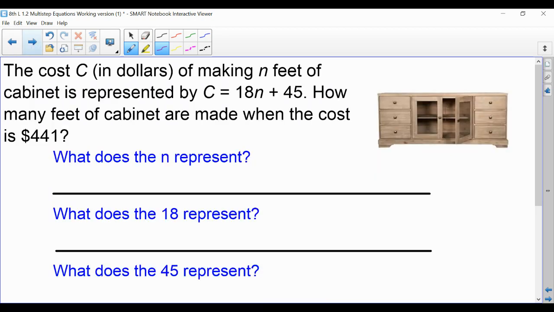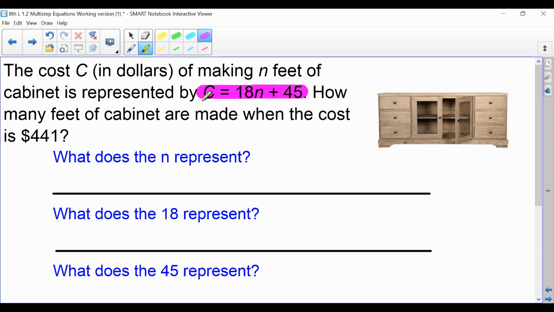Next problem, we have the cost C in dollars of making N feet of cabinet represented by C equals 18N plus 45. So this time it's written out in a whole equation.